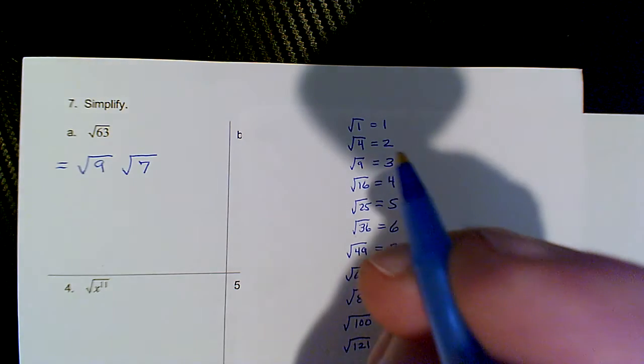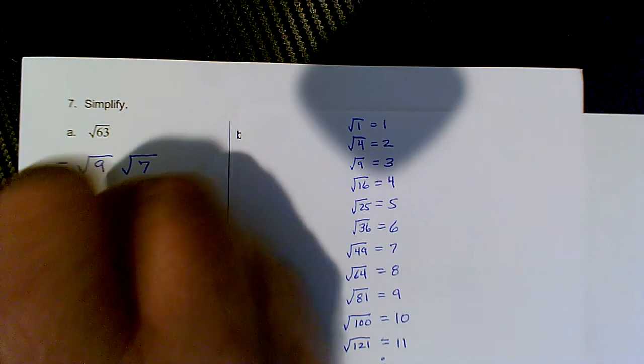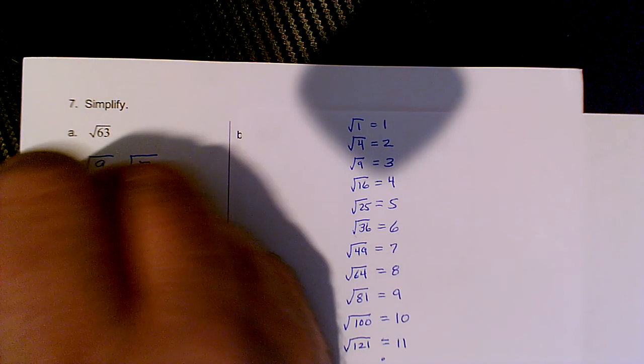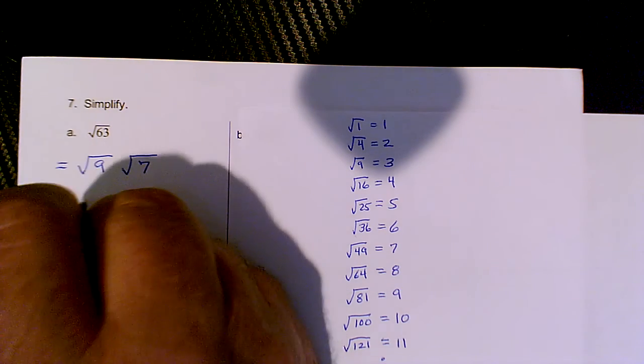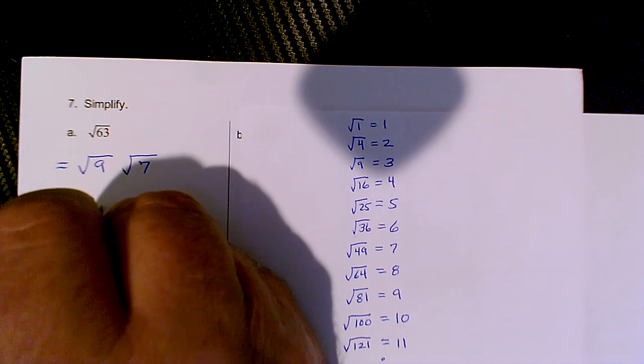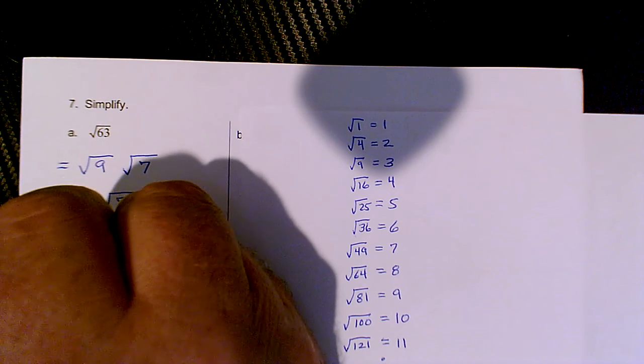Okay, moving to part B, square root of 125. So, using this method, working our way up the chart, you could check them all. 25 works.